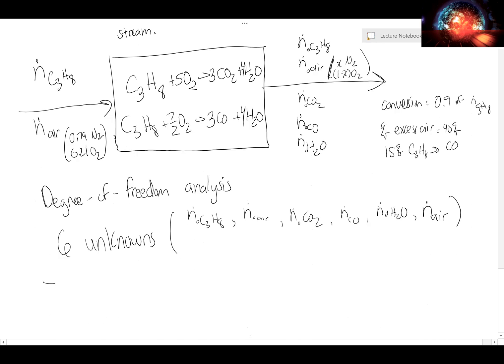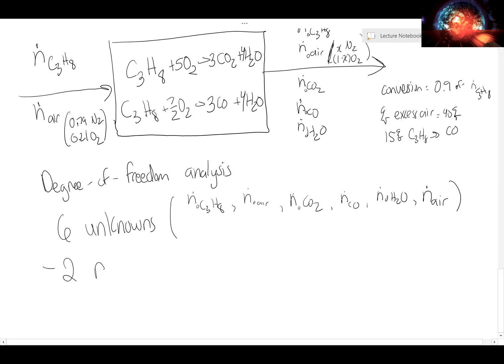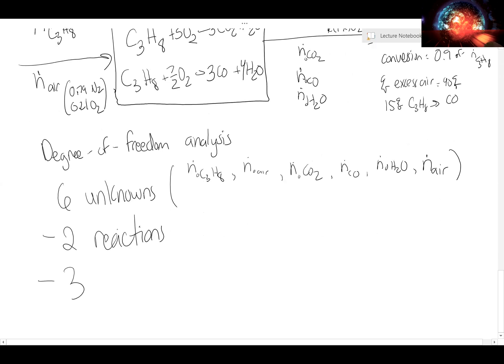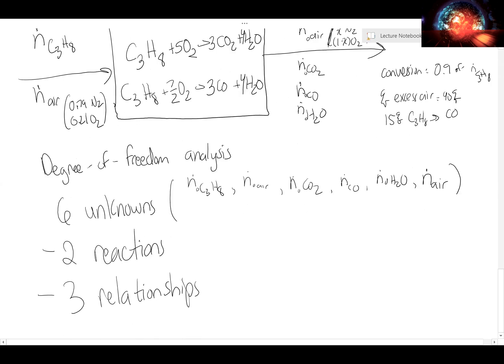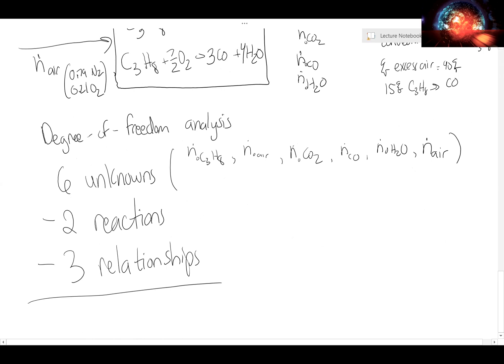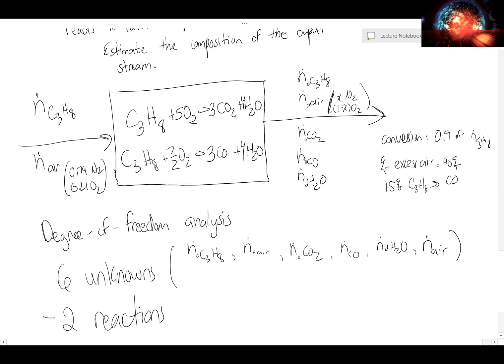I have two reactions and 3 relationships, and so an initial inspection gives me a degrees of freedom of 1.